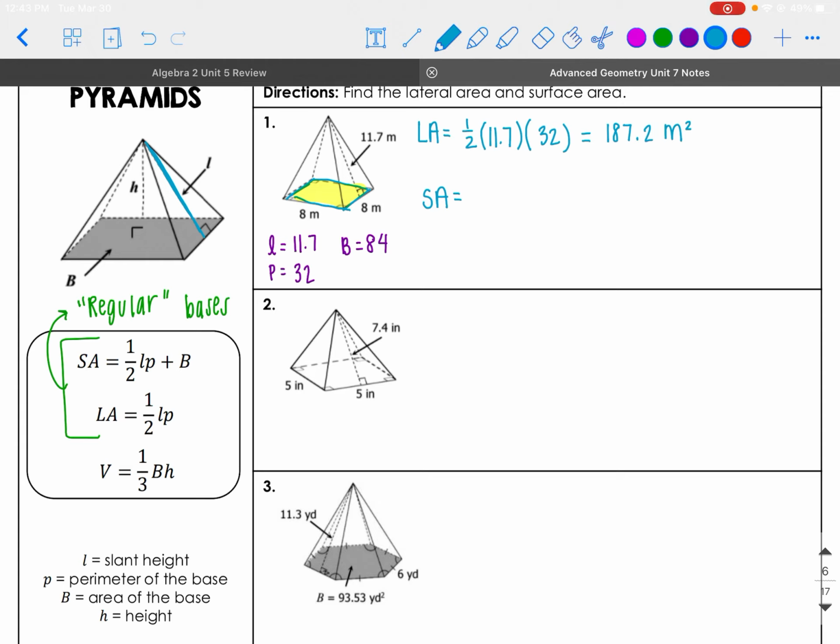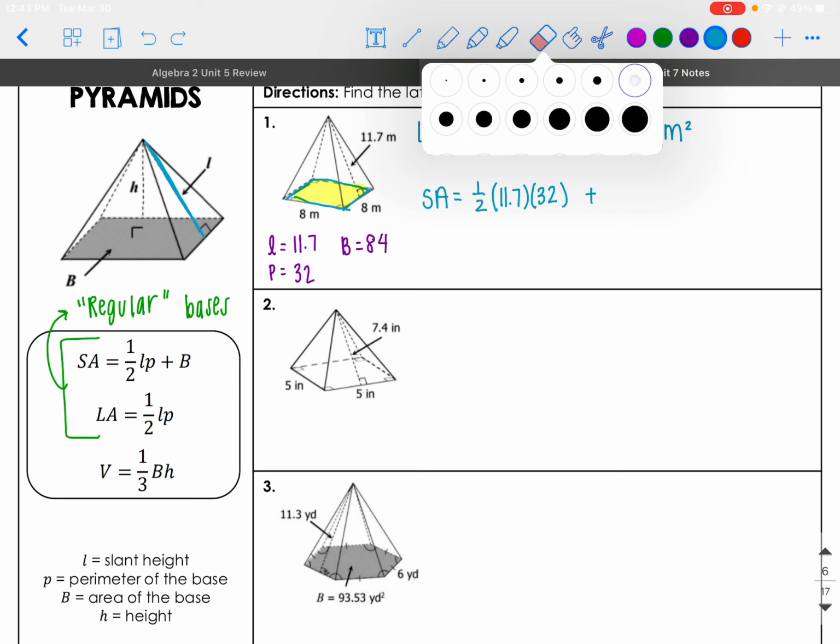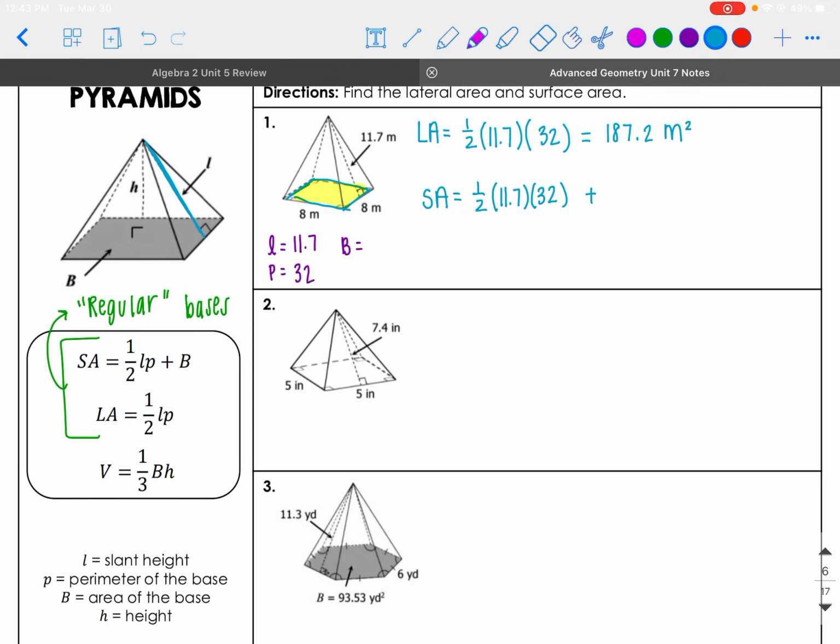Surface area is half times LP plus the area of the base, which I put 84. 8 times 8 is not 84. It is 64.